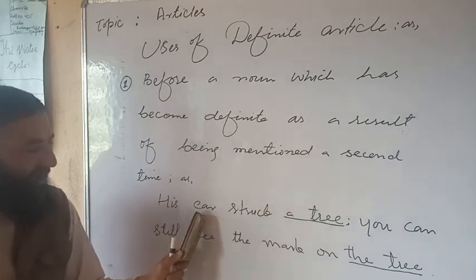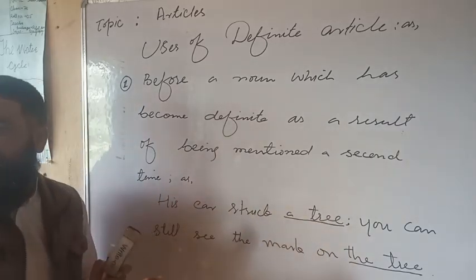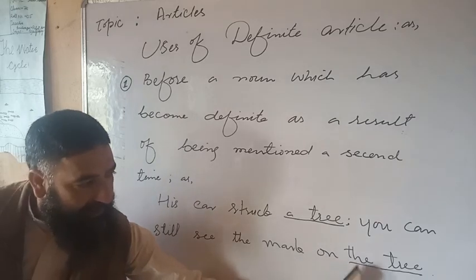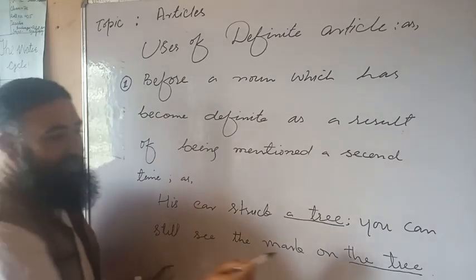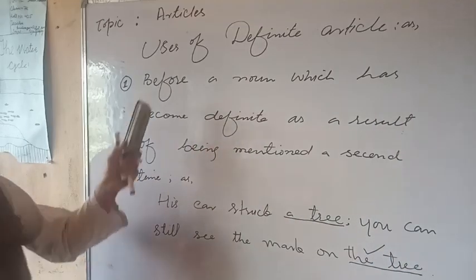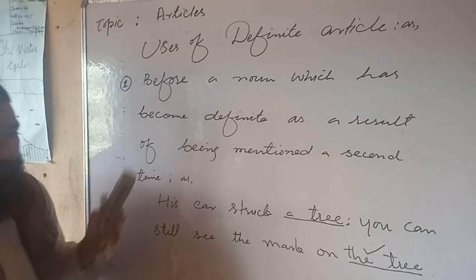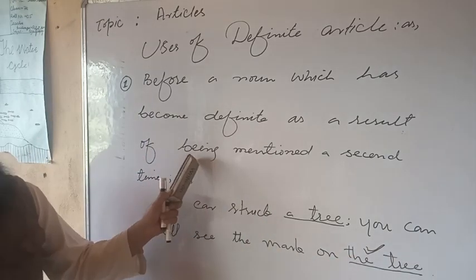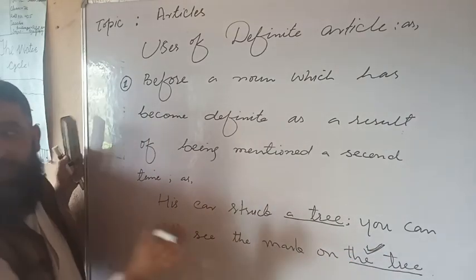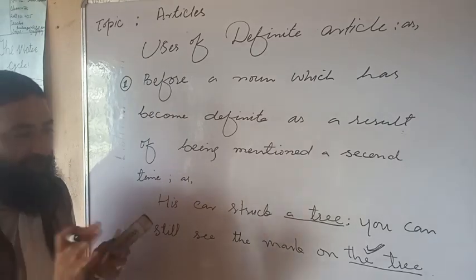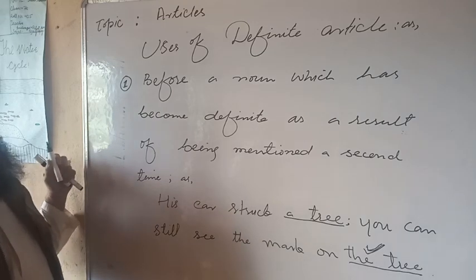Indefinite. His car struck a tree. Then I will mention the same thing next time, and it will take the definite article. You can still see the mark on the tree. So this is what I have written here: before a noun which has become definite as a result of being mentioned a second time. Because I have mentioned this tree a second time, it will take the definite article before it. Is it clear? This is the first rule relating to the uses of the definite article.